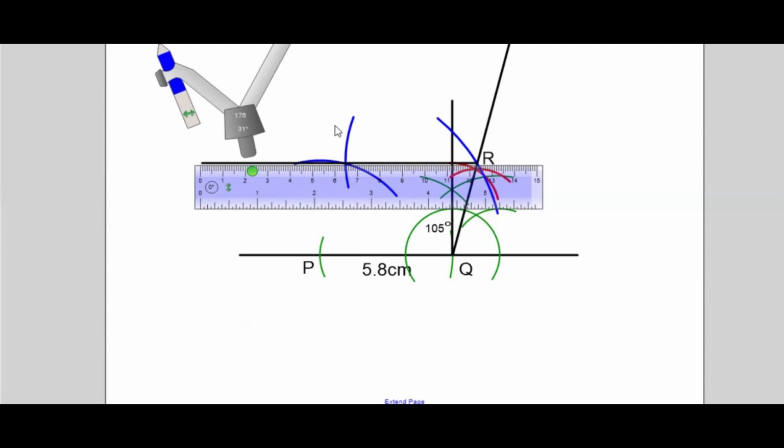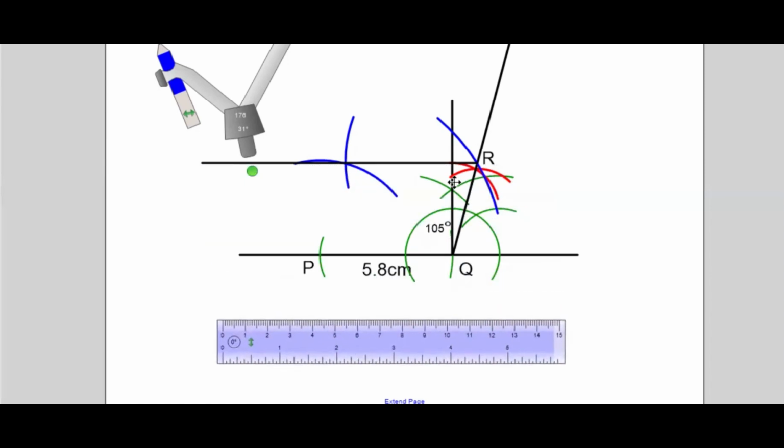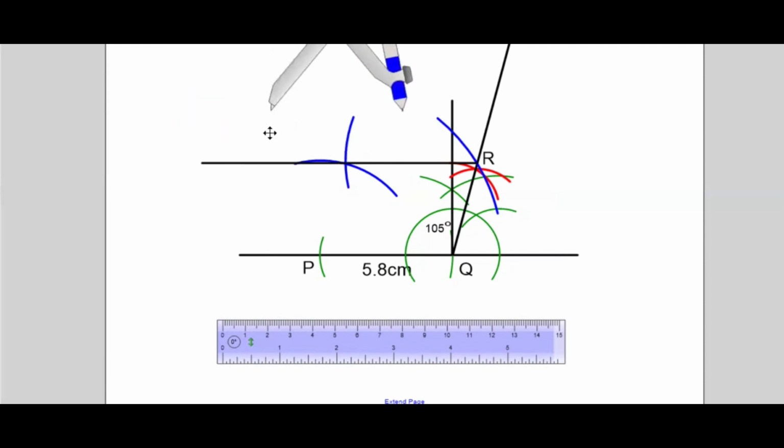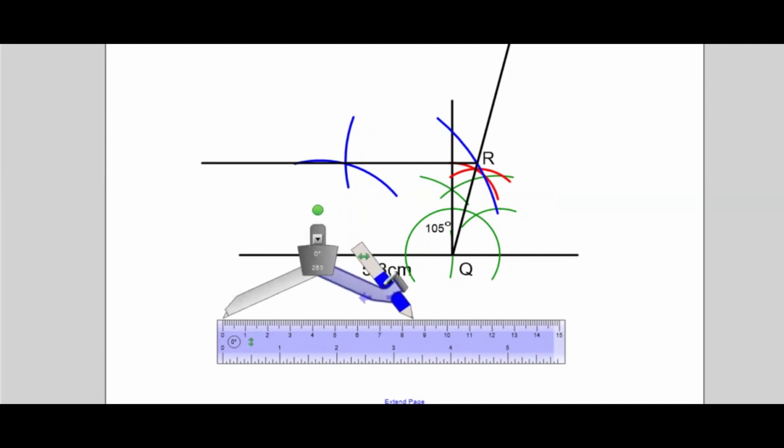Now, it is along this line that we locate S. Come back to the information we have: PS is 8.5, meaning that if we bring our compass down, we extend to 8.5 there.